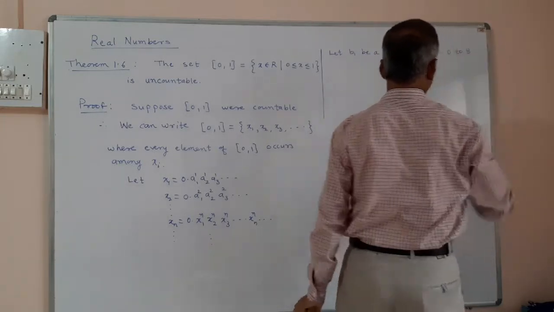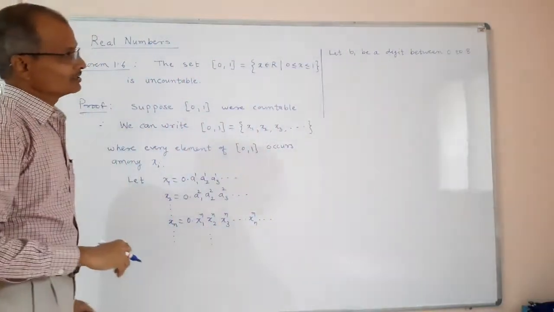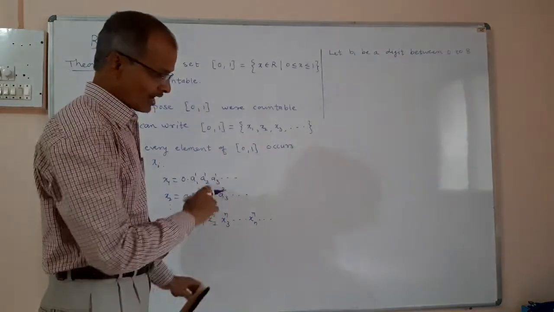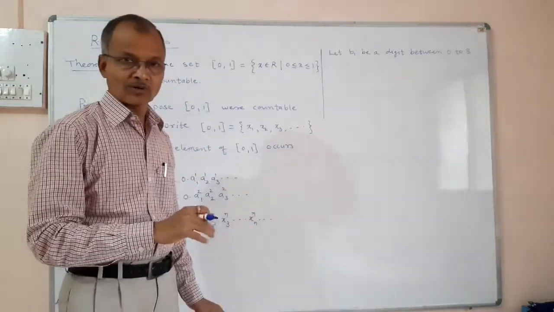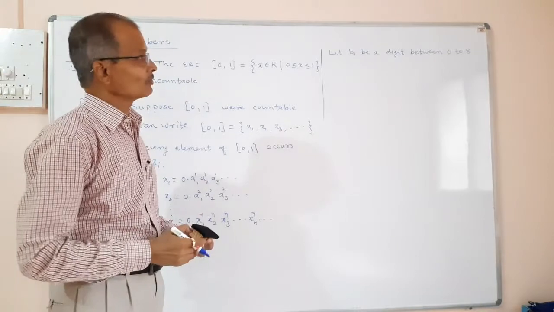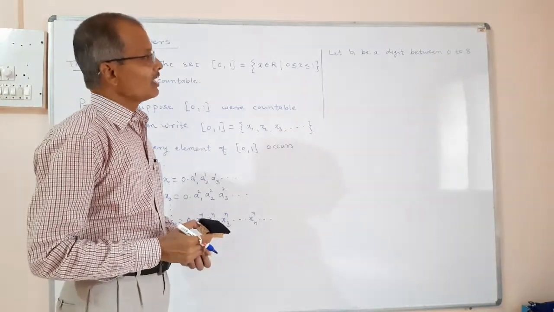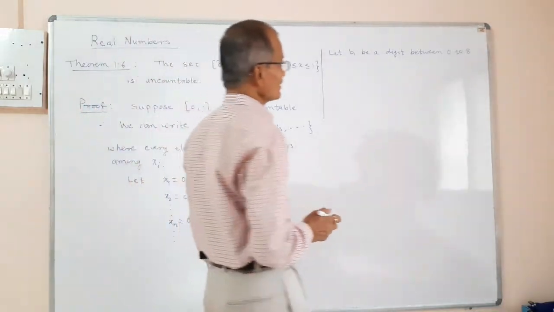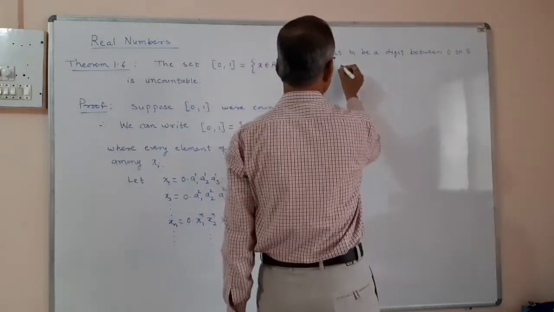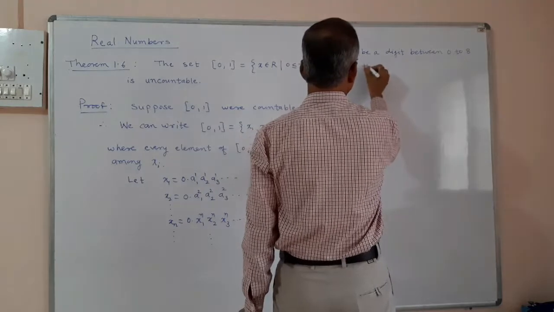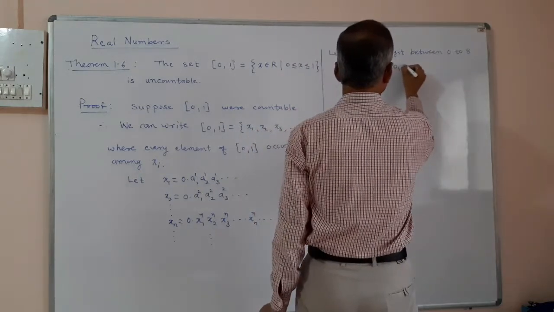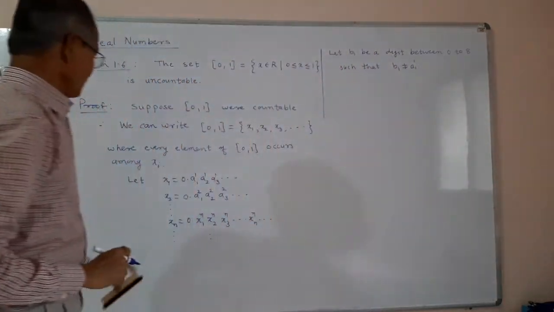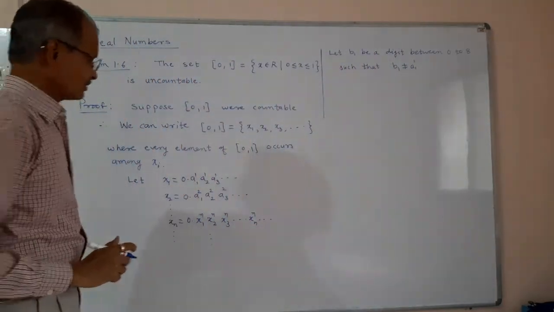We will avoid 9 and consider digits between 0 and 8 because we have seen 1/2 can be written as 0.4999 recurring up to infinity. So that is repeated, so we consider 0 to 8. Let b1 be a digit between 0 and 8 such that b1 is not equal to a11. b1 is different from this a11.